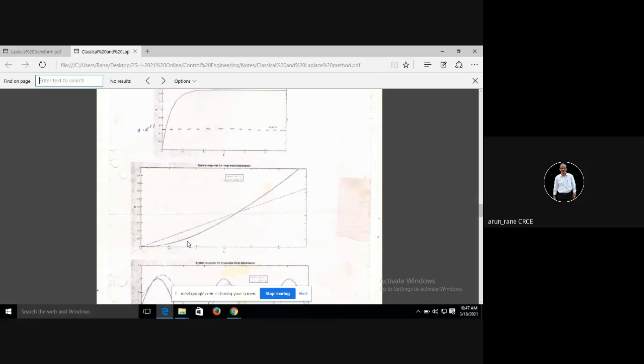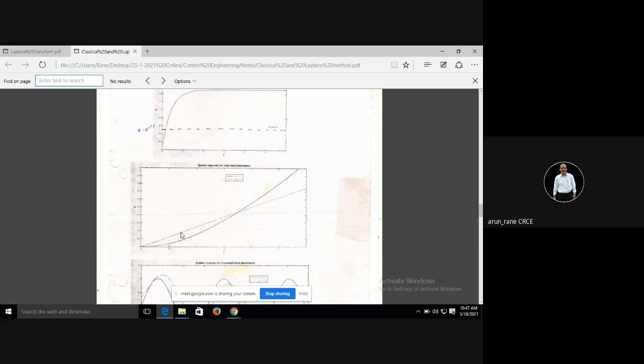I hope you are understanding what I am teaching. So this is the graph of theta i is equal to ht, okay. And here, so now the system will never reach a steady state.